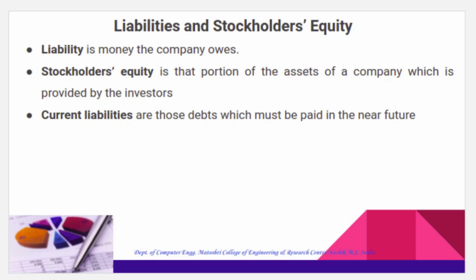They also include accrued expenses such as wages, salaries, interest, rent, taxes, and so on, that are owed but not yet due for payment. There are also certain advance payments and deposits from customers that come under current liabilities.